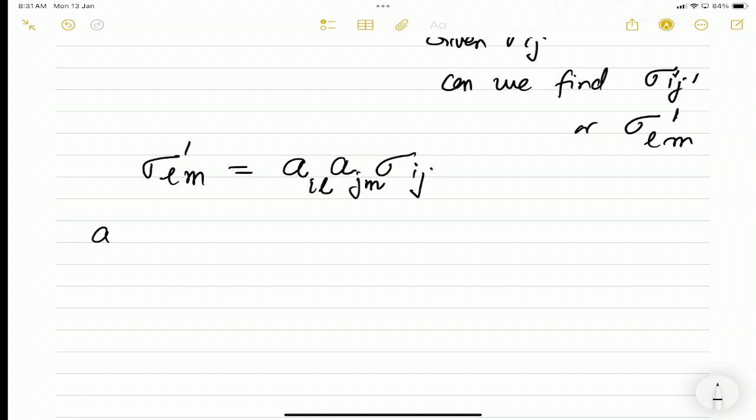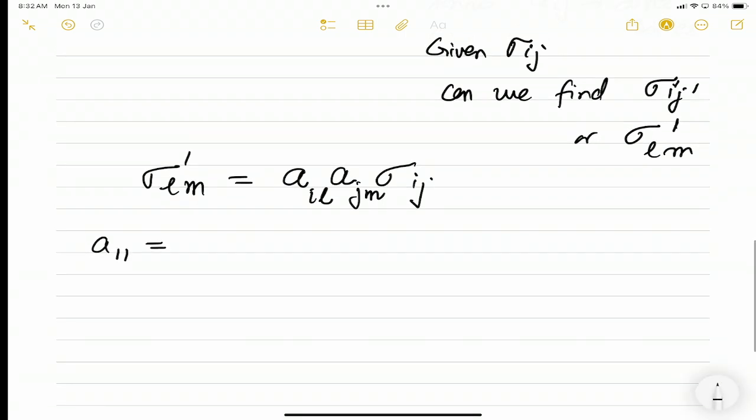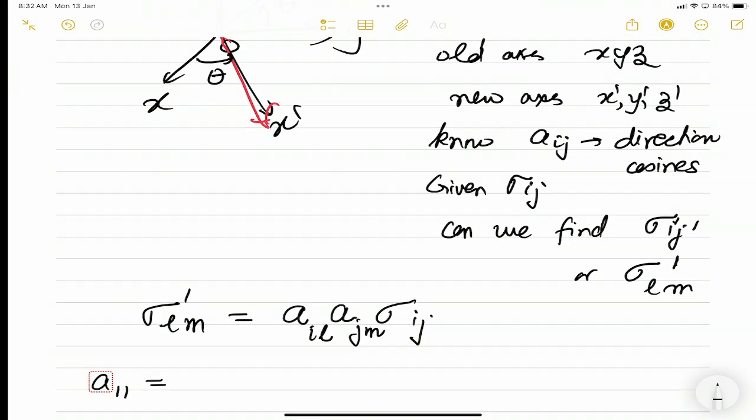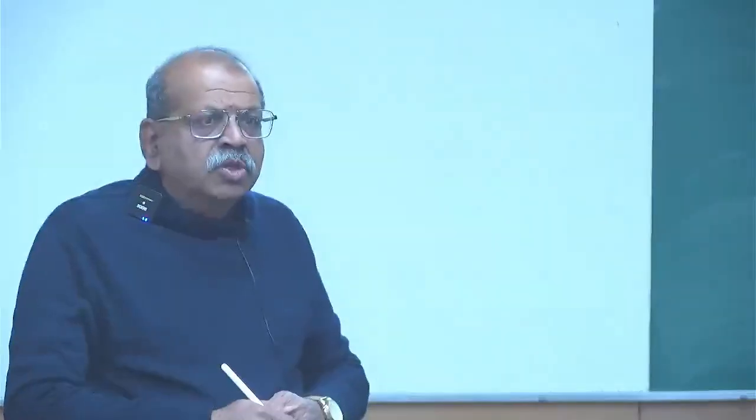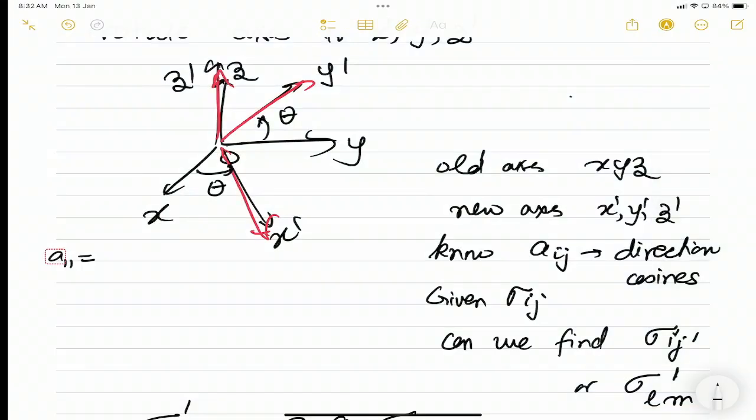So what is A11? Let's have a look at this picture. Cosine of the angle between x and x prime, 1 and 1 prime. So what is that? Cosine theta. What is A12? Cosine of the angle between 1, that is x, and 2 prime, which is y prime.